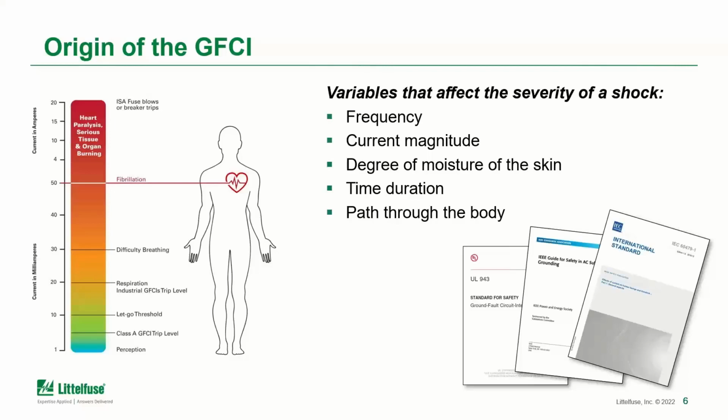Now, some of the basic observations are that the lowest let-go thresholds, that's your ability to let go, occur around 15 to 100 hertz. And it's actually a little bit higher at DC and higher frequencies.